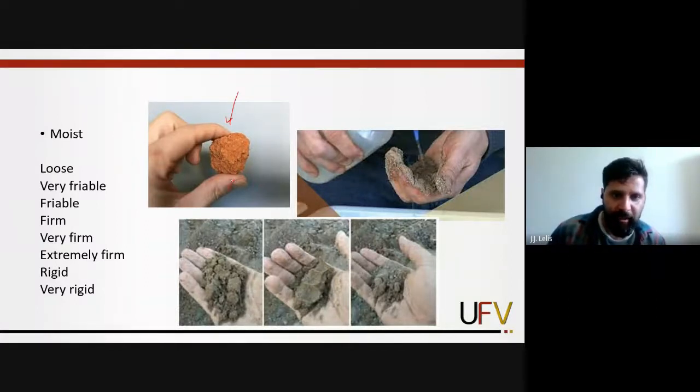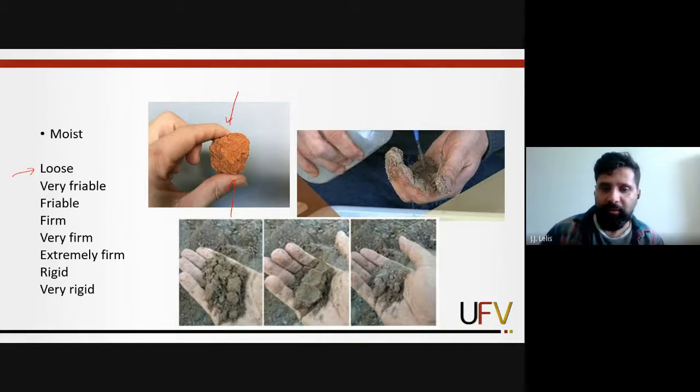Just put some energy here using my index and thumb fingers, and if I can easily break my pad, my aggregate, I will choose a loosey consistency. If I can break this material very easily, I will try now to press the material using my hand.